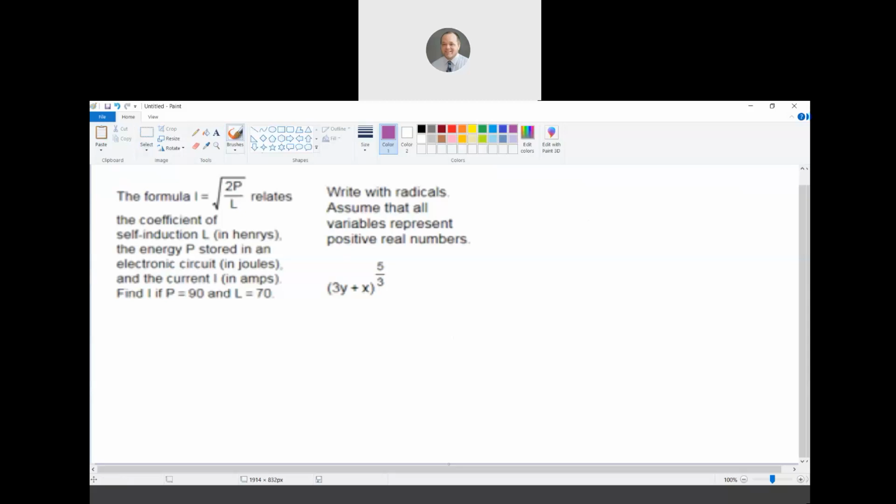So all we do here is put your root, which is understood to be root 3, in parentheses. The 3y plus x goes under the radical sign, and the exponent 5 goes under there also. That's all you have to do with this type of problem.